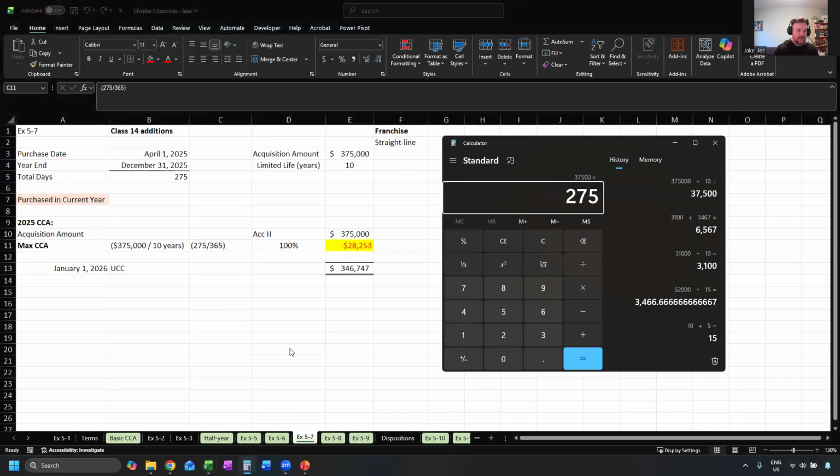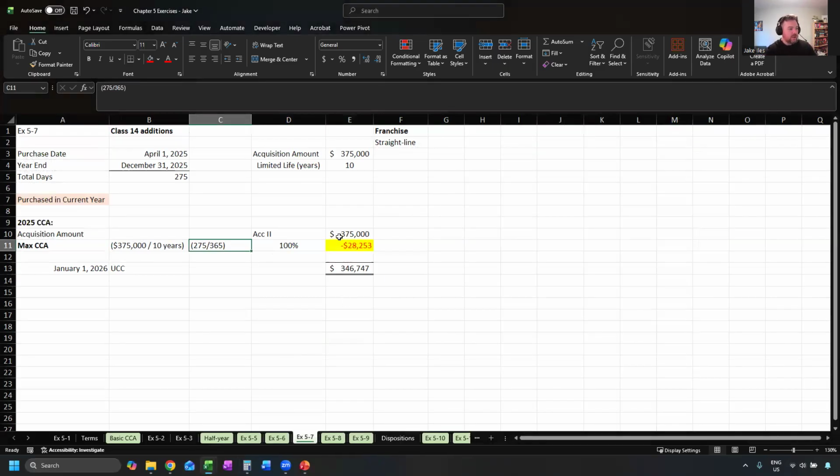So 37,500 times 275 divided by 365 comes to 28,253. So our purchase was 375,000. We will take CCA of 28,253. We will have remaining $346,747. That's the amount of UCC that will be available.